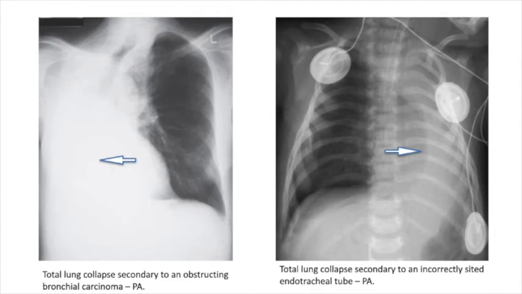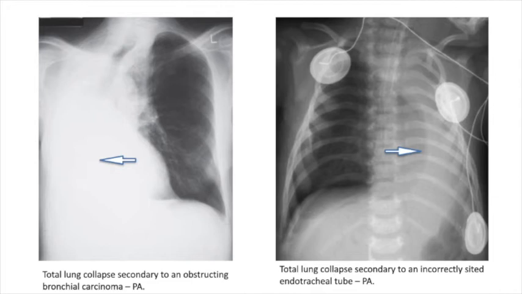In this case, the mediastinum, like the arrow is indicating, is shifting or pulling to the abnormal side. It's very important to know that in atelectasis, the mediastinum is pulling or shifting to the abnormal side.